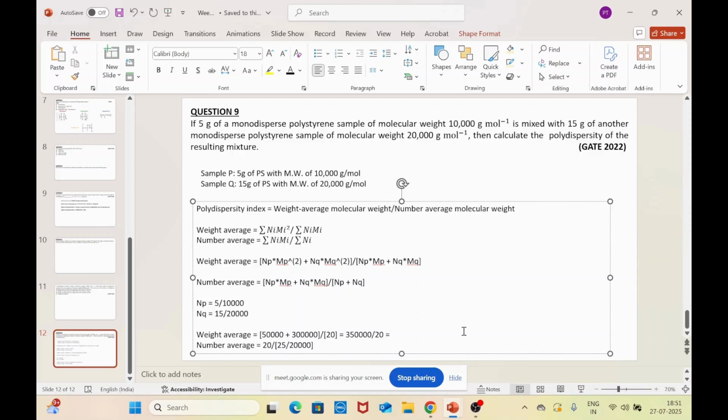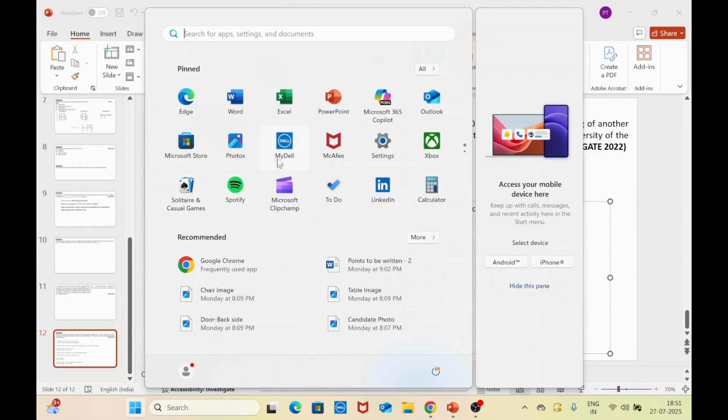So I'll just use my calculator and then calculate this.